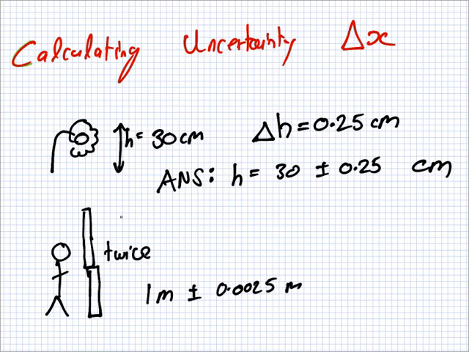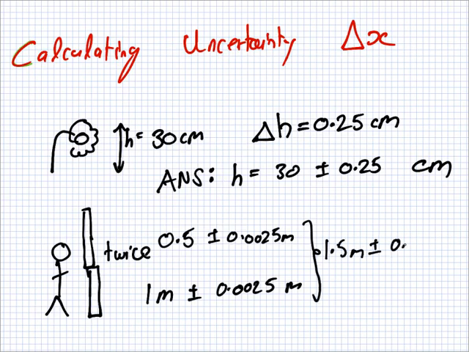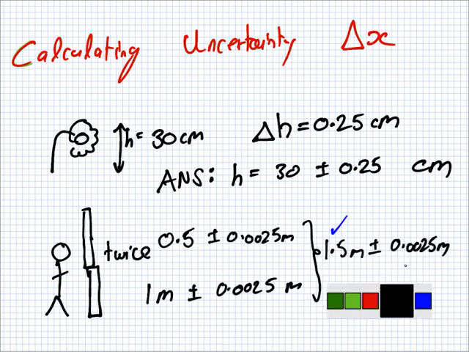And then maybe the second time you measure, you get half a meter plus or minus 0.0025 meters. And maybe you think that means the answer is 1.5 meters plus or minus 0.0025 meters. Yes, this part is right, but this part's wrong.